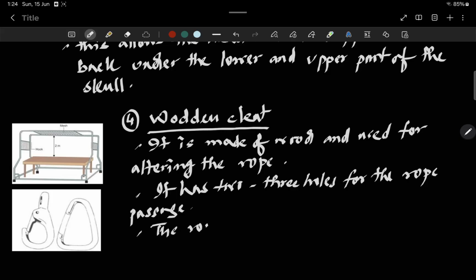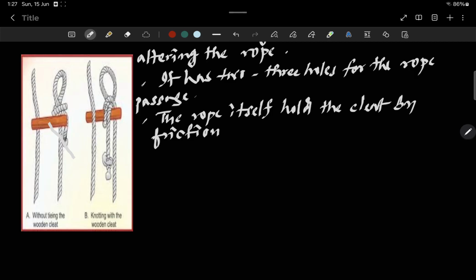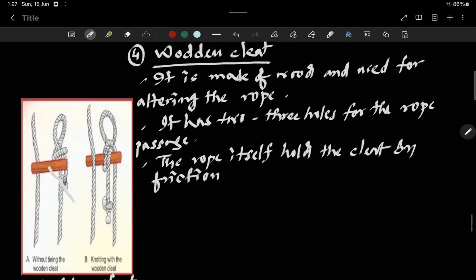The rope itself holds the cleat by friction. Okay, so this is the example of the diagram of the wooden cleat. Okay.